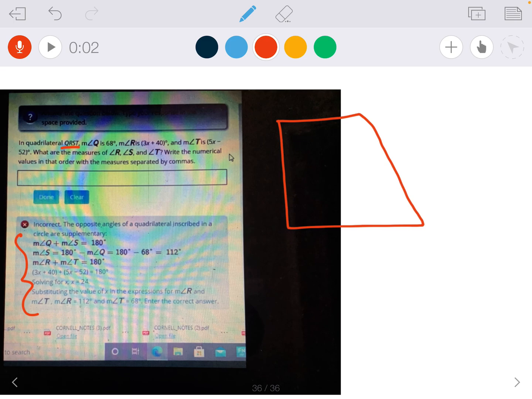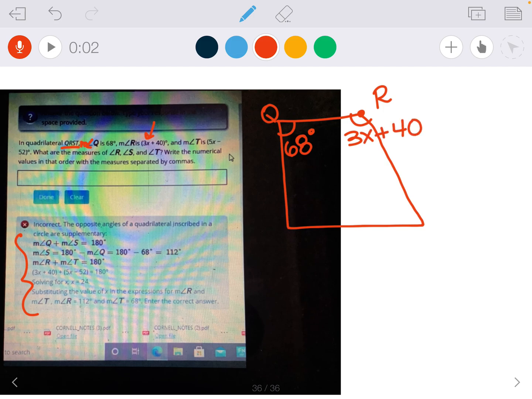The measure of, remember this means angle, the measure of angle Q, I'm going to call this Q, is 68 degrees. So I drew that like a right angle, which would be 90, so already my picture doesn't make a lot of sense, but it's still going to be helpful for the big idea. The measure of angle R, we'll call this R, is 3x plus 40.